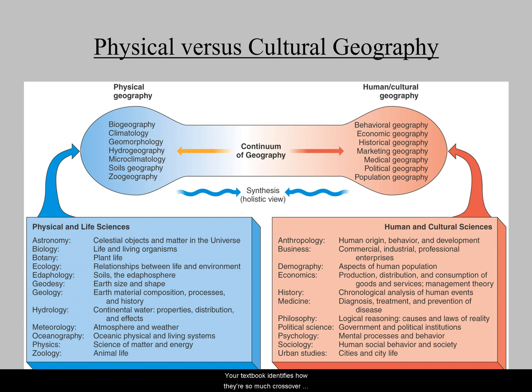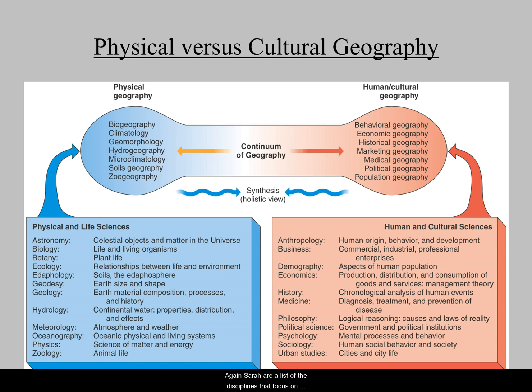Now your textbook identifies how there's so much crossover. This is another figure to help emphasize the relationship between physical geography and human cultural geography. And there's this constant back and forth amongst the disciplines, one focusing on the physical and life sciences of the physical geography, while the other focuses on the human and cultural sciences.